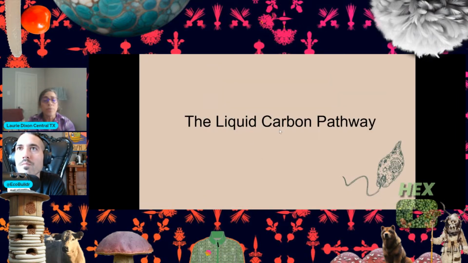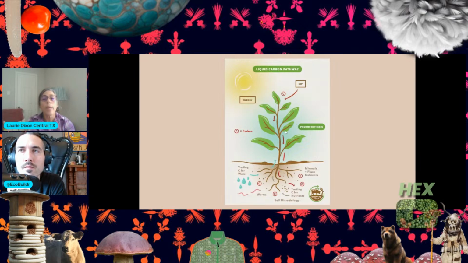So there's a phrase coined by Dr. Christine White. I think I got her name wrong. But anyway, she calls it the liquid carbon pathway. And so let's go back to that picture and think about a liquid carbon pathway. It's the same thing, right? But think about that carbon going all the way down into the soil.